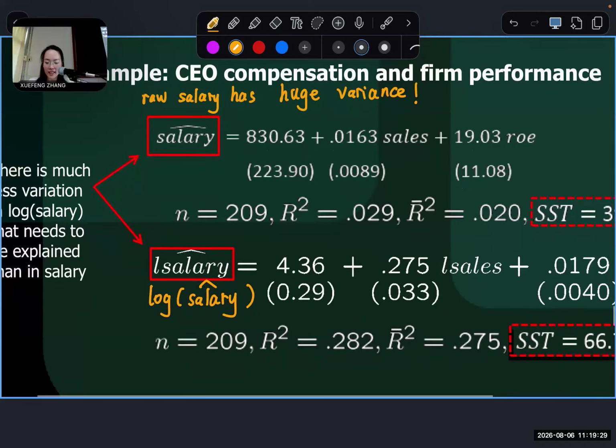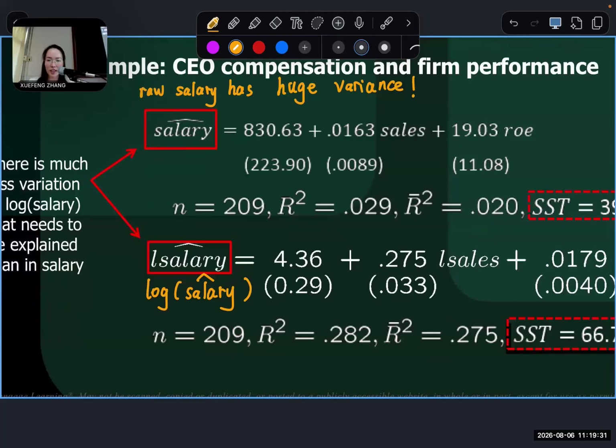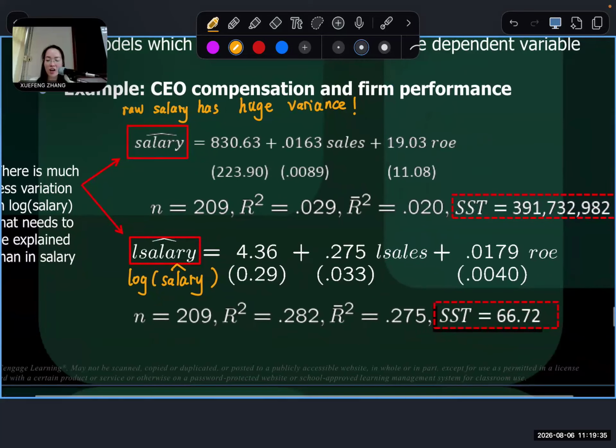And on the contrary, log salary compressed it a lot. R square measures the share of variance explained, right? Remember, R square measures the share of variance explained, but if the two y's start with totally different amounts of variance, the R squares aren't measuring the same thing anymore.